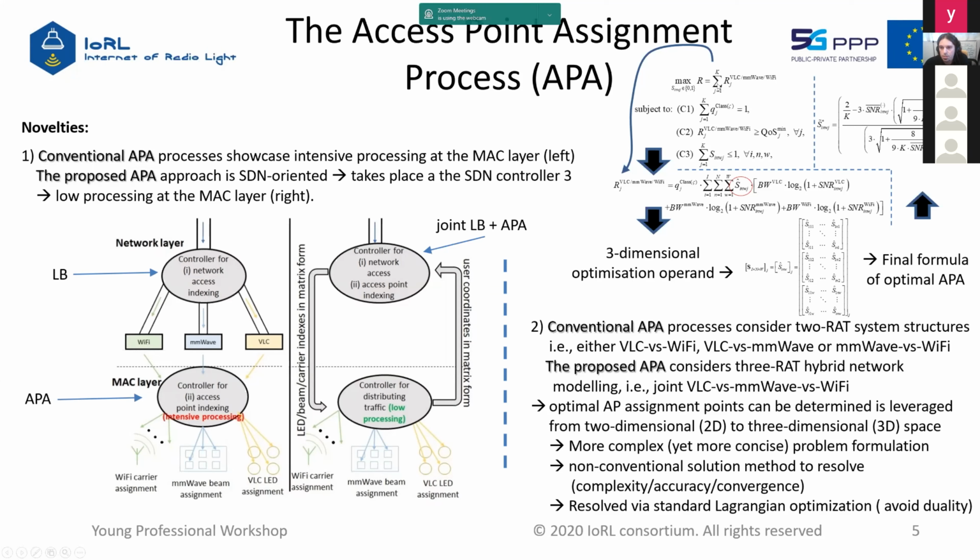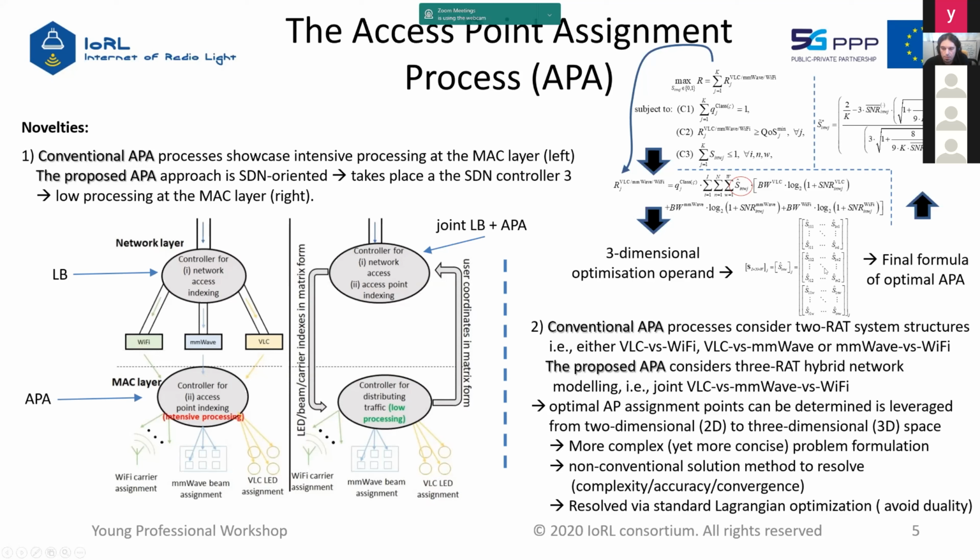And this function is the data rate that has been considered, and we depict it because we wish to show that this parameter here, the access point assignment, the access point indexing, is a 3-dimensional variable.